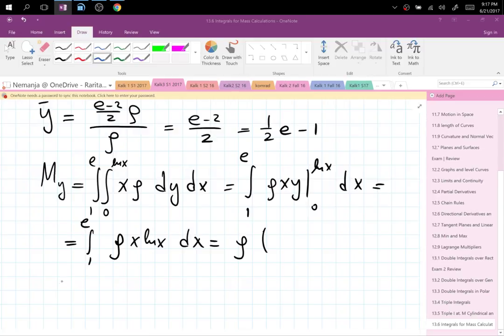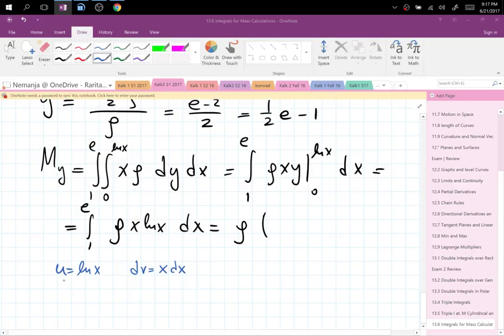So for the integration by parts, u equals x, dv equals ln x dx. Oh, we're integrating this one now. Let's swap them. So now du is going to be 1 over x dx, and v would be x squared over 2.